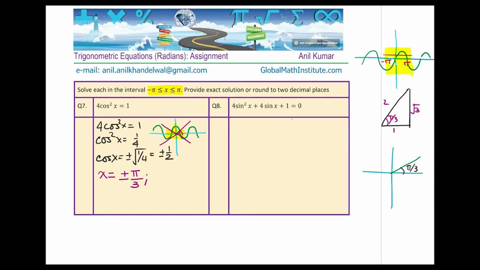So from here we can say that the other solution is, because cos is positive here also, pi by 3. You see both these angles are within plus or minus pi by 3. And then we have this solution. Do you see that? So to get to this point, which is minus, we have to see this angle. Do you see that part? So that means pi minus pi by 3, or minus 2 pi by 3.